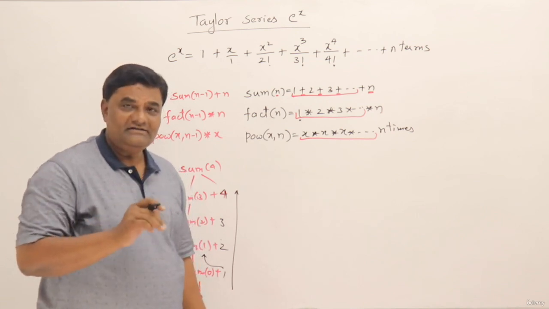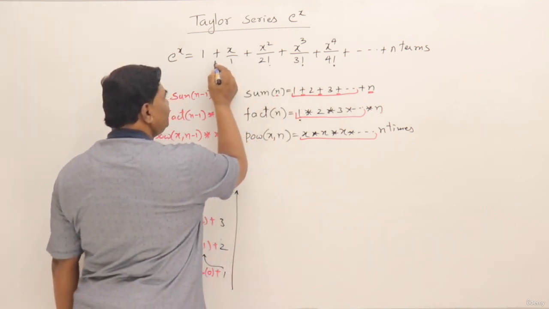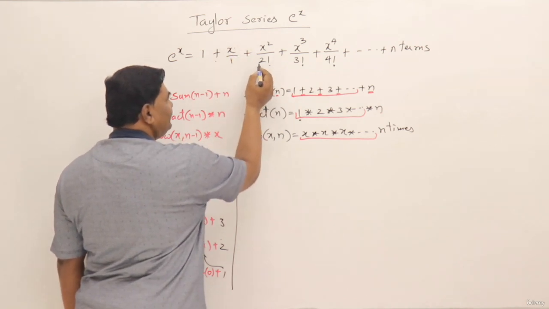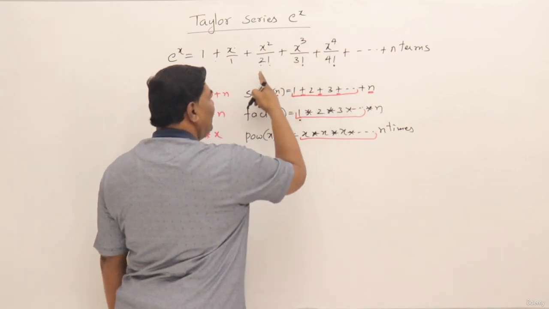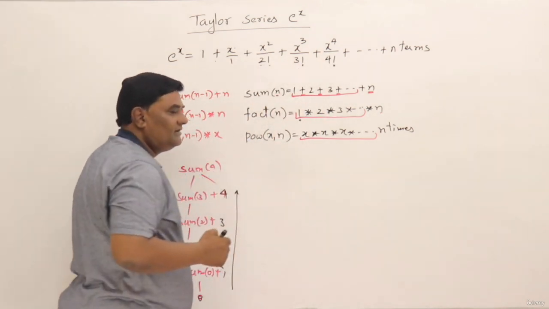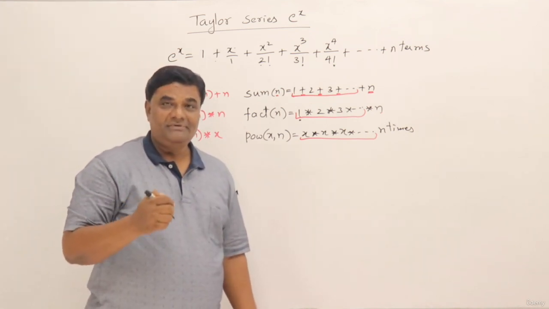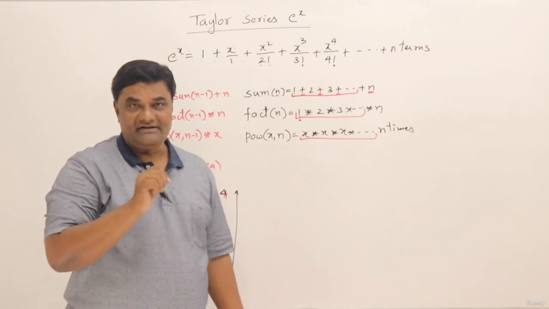Now for Taylor series, we want 3 things: summation and power, as well as factorial. So x is raised to some powers and also we are getting a factorial. A function for Taylor series must perform 3 operations, but a function can return only one result.